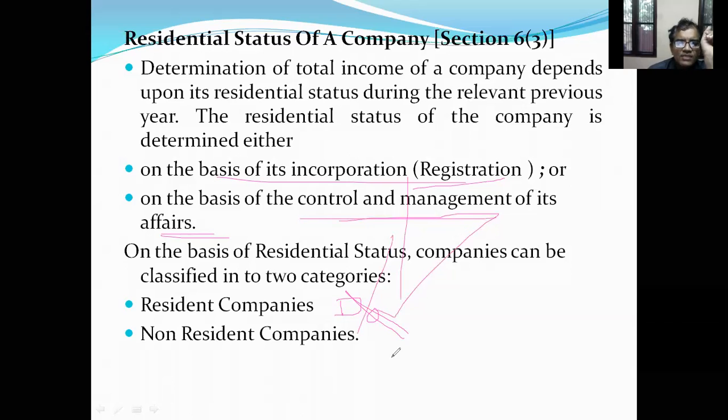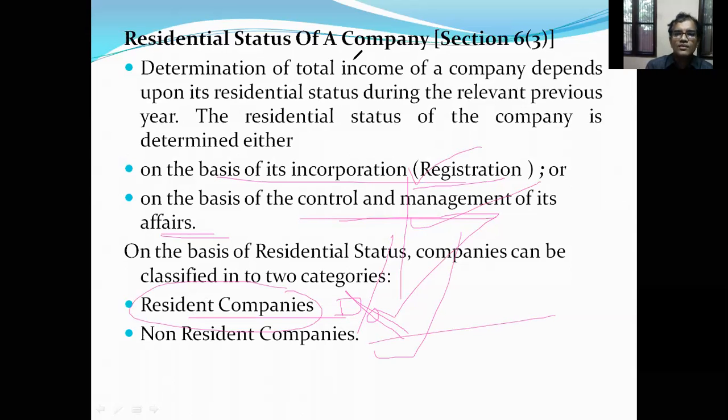Non-resident companies are all those companies which are not registered in India, as well as whose affairs are not managed from the land of India, from the soil of India. They are registered elsewhere in foreign countries, and their management, their control, everything is in a foreign country. Then that is known as a non-resident company.